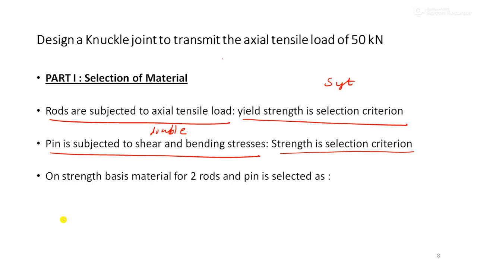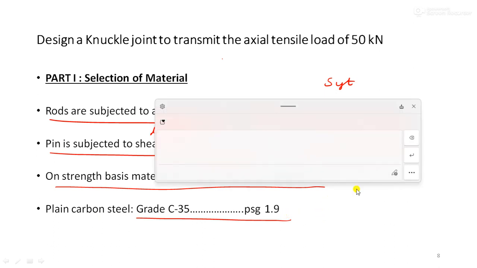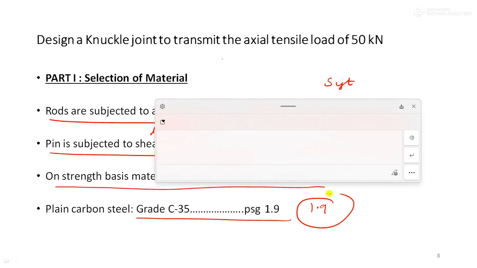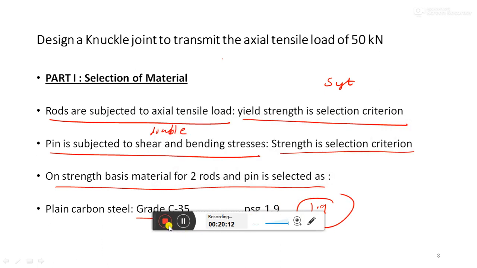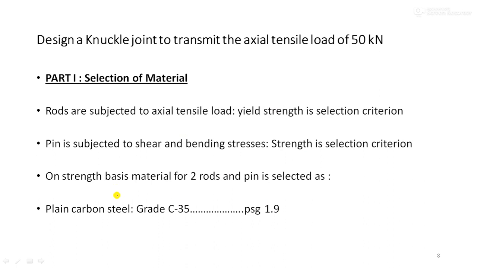Next, on the basis of strength, the material for the two rods and pin is selected as plain carbon steel grade C35. So open your PSG design data book, go to page number 1.1. Since the rods are subjected to axial tensile load, yield strength is the selection criteria.